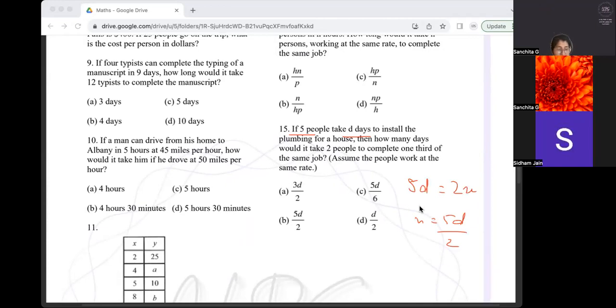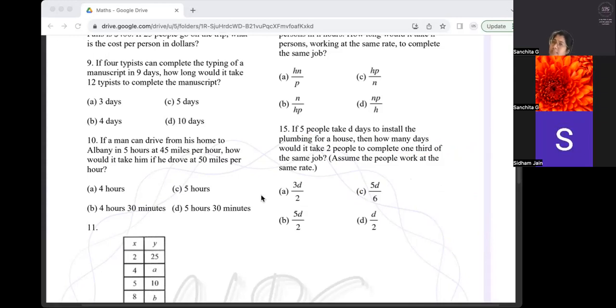They have put this as one of the options, but my question is 1/3 of that. So times 1/3. My answer is this, C. Very good. 5D over 6. Clear, Siddham? Good.